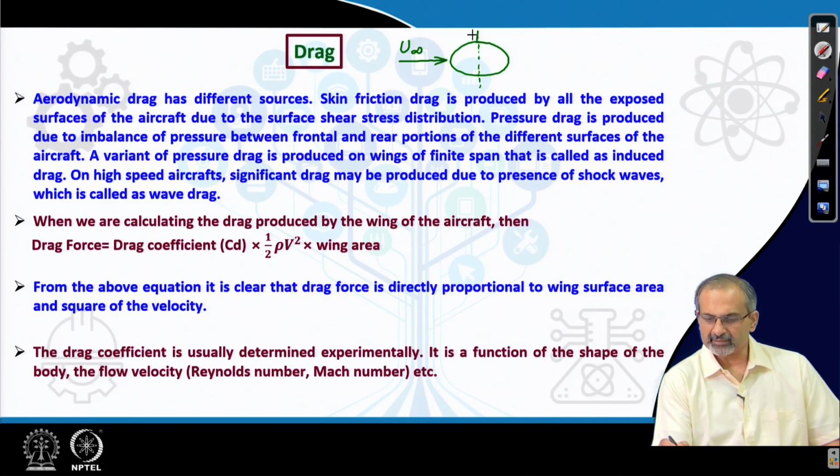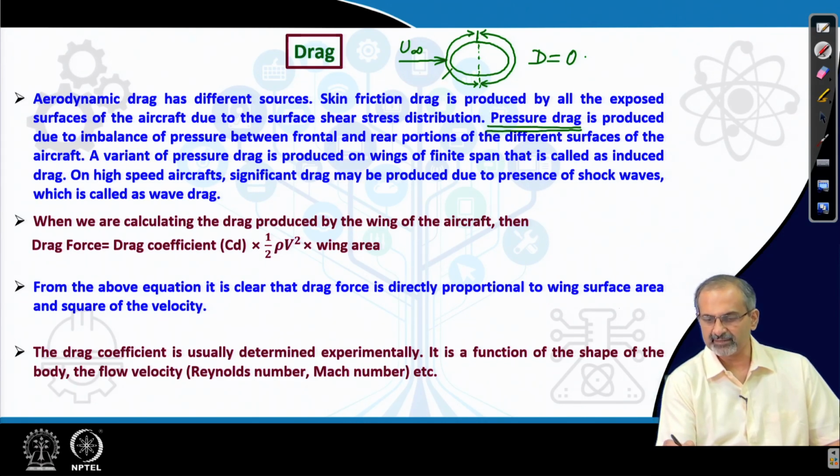If you look at the pressure distribution on the front half of the body and what it is in the rear part of the body, if the pressure distributions are identical, then there is no drag, the drag is 0 as far as the pressure drag is concerned.